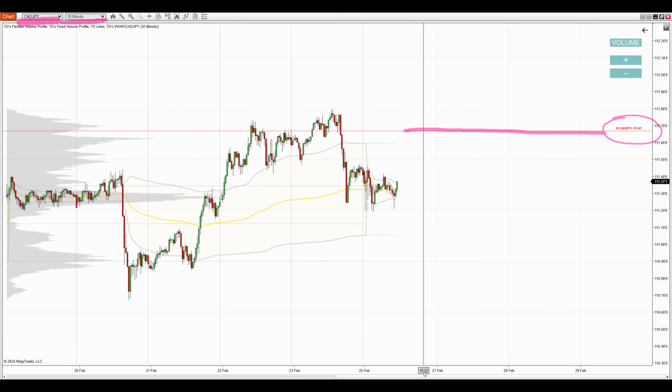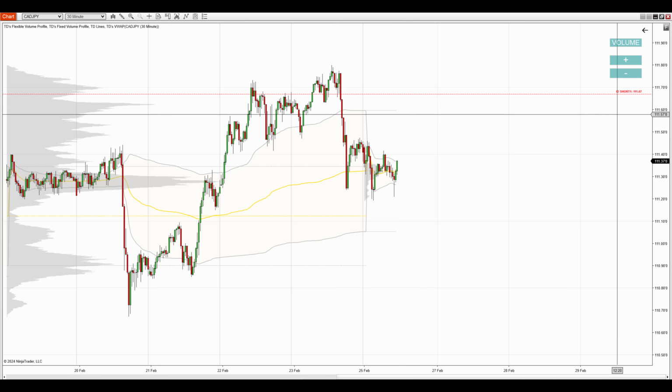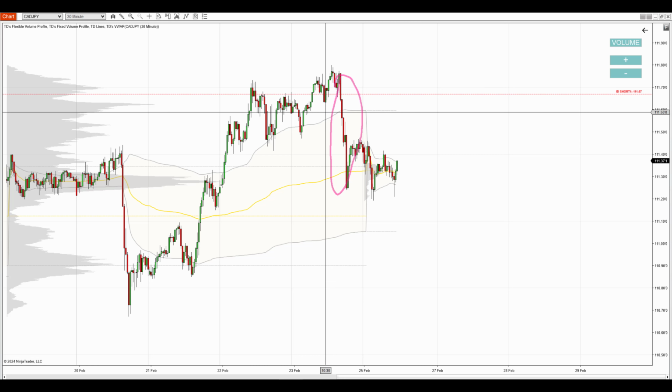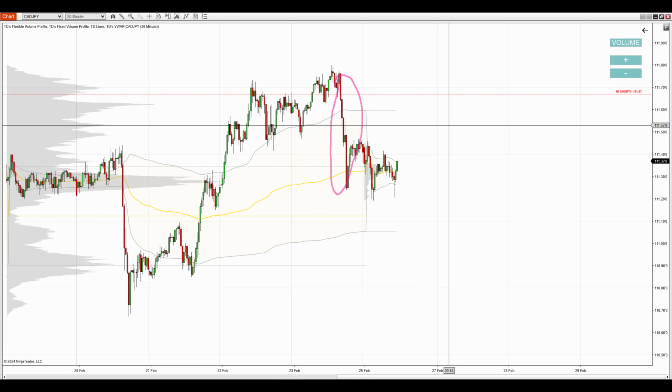Let me zoom it in a little bit and show you why I picked this resistance. So first thing is there's very sharp sell-off. This sell-off caught my attention because it shows aggressivity of sellers, right? Sellers manipulating the market.